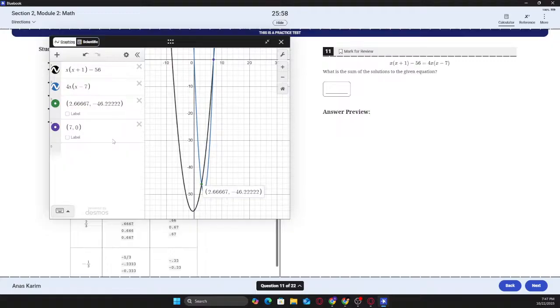So the solutions usually are just going to be the x value. So we're just going to have 2.66666, which is like 7/3. Not 7/3. It's going to be 8/3 plus 7. So then it's just 29/3.